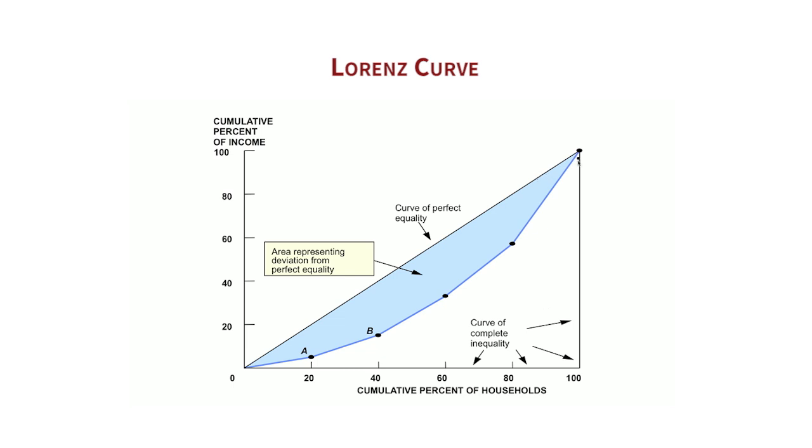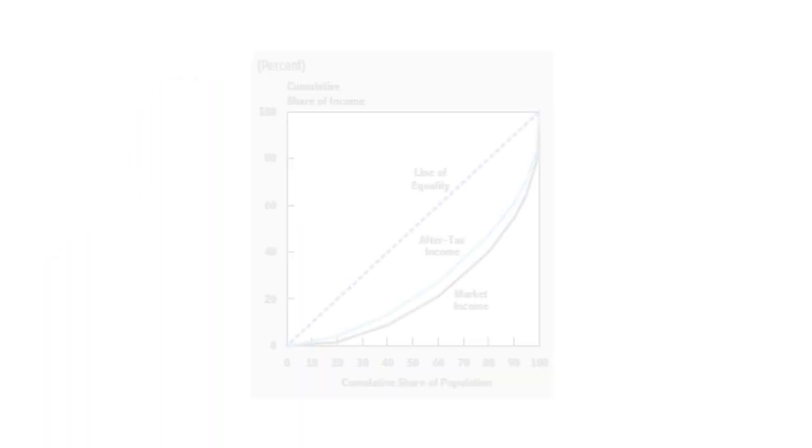And the larger the Gini coefficient is, the more unequal the income distribution. So we have the Lorenz curve, from which we compute the Gini coefficient immediately.